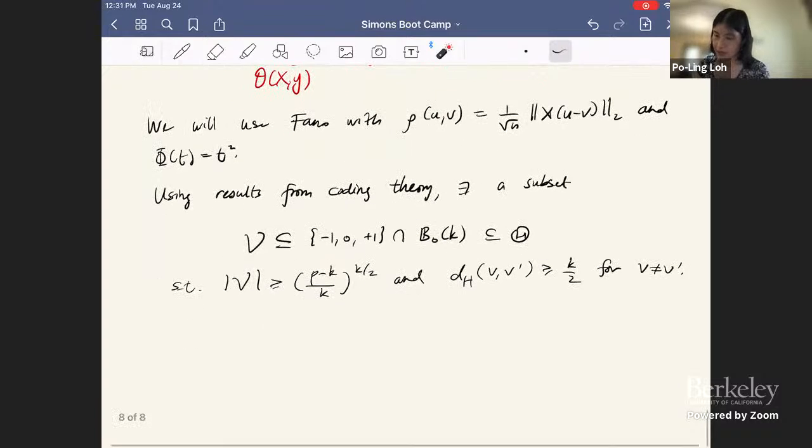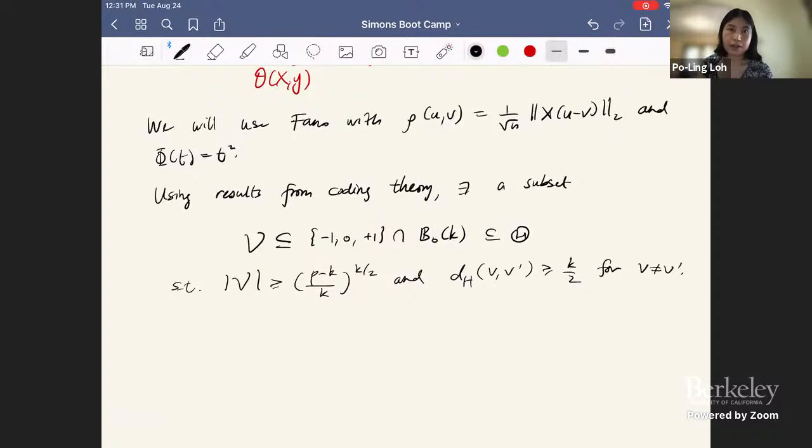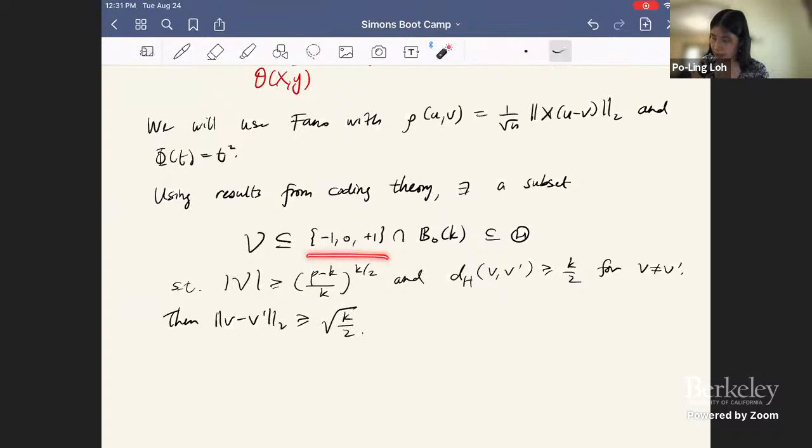And this sort of result comes from coding theory, from error correcting codes, when you want the codes to be far enough away in Hamming distance so that having some errors will still allow you to tell what the original code was. So in particular, for V not equal to V prime, I have V minus V prime in 2 norm is going to be at least square root of K over 2. Right? And this comes from the fact that all of the values are -1, 0, or 1. So if the Hamming distance is at least K over 2, then I have at least K over 2 components which differ by at least 1 each.